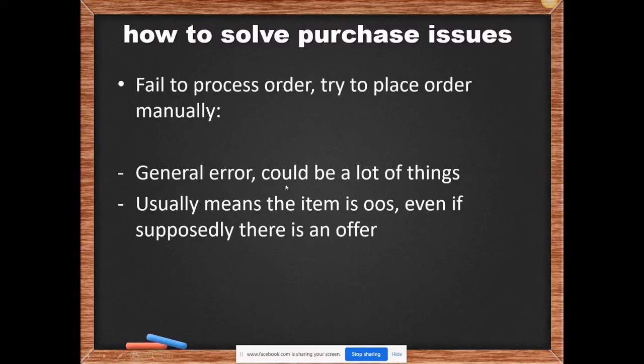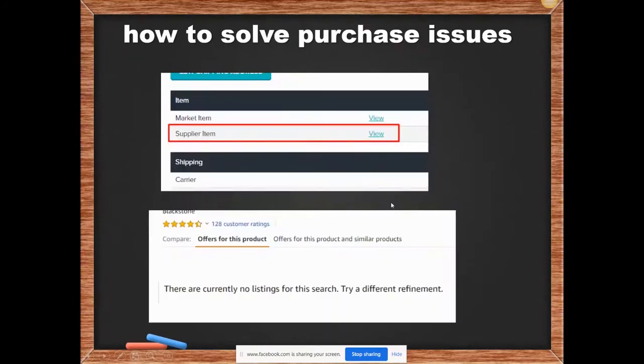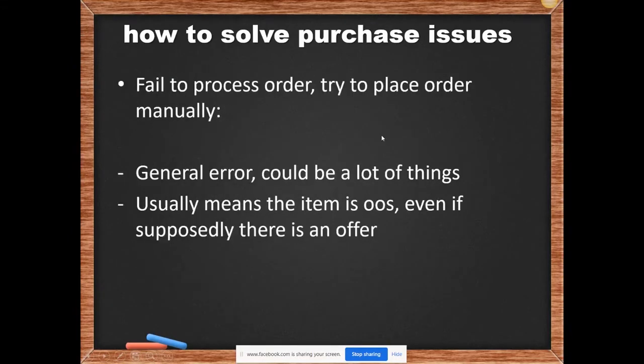So the first thing I do is check if the item is in stock. You remember, guys, I showed you this. If it's an Amazon order, I just click it from within the order page. If it's another supplier, I'll show you in a bit how to check it.